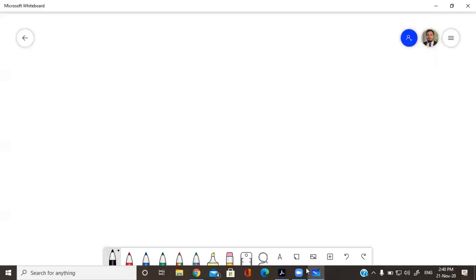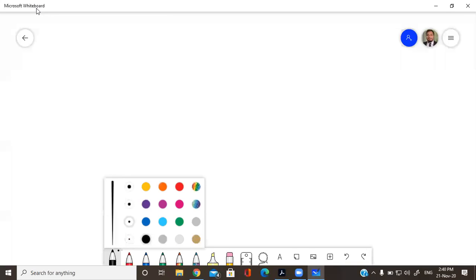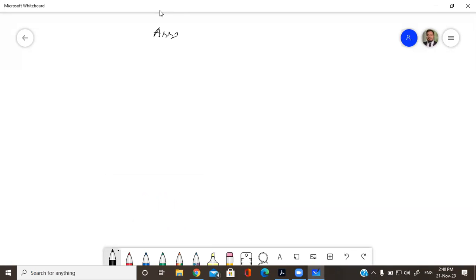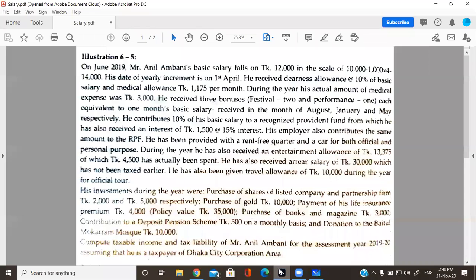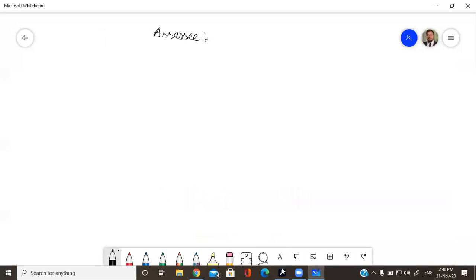So in terms of exam, you can start in this way, that you need to write the assessee's name first. The assessee is Mr. Anil Ambani.